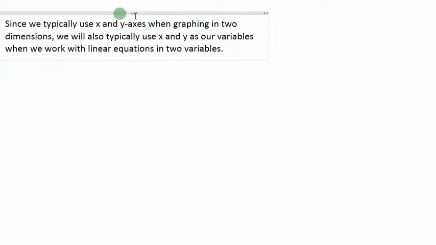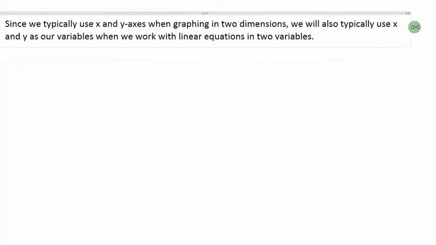It doesn't have to be, but typically x and y because our graph is usually an x and a y axis, which we also know you don't have to use x and y.